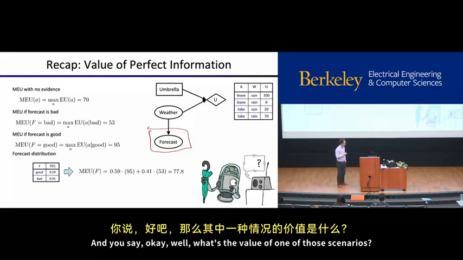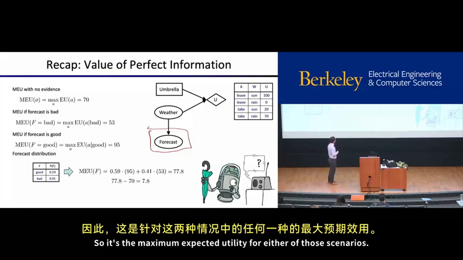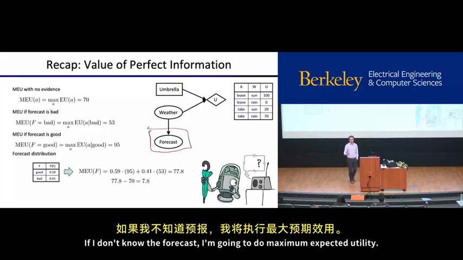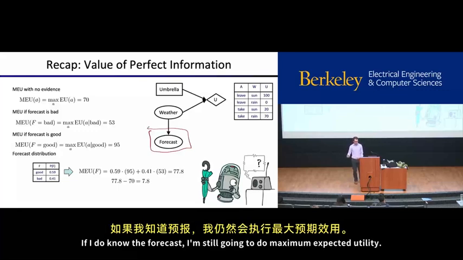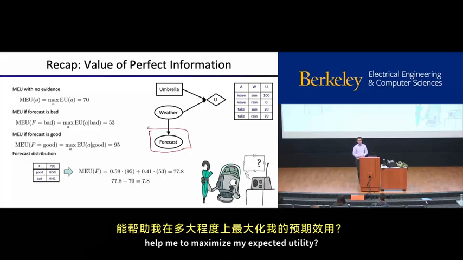And from before, we saw that with no evidence it was 70. So we can subtract one from the other, and we see that when I take this new information, I get this forecast, I open the box, I gain 7.8 units of utility. I don't know what units we would measure this in, but maybe it's dollars. Maybe we get $7.8 for our effort.